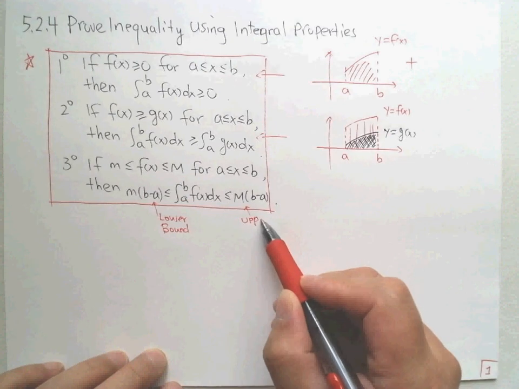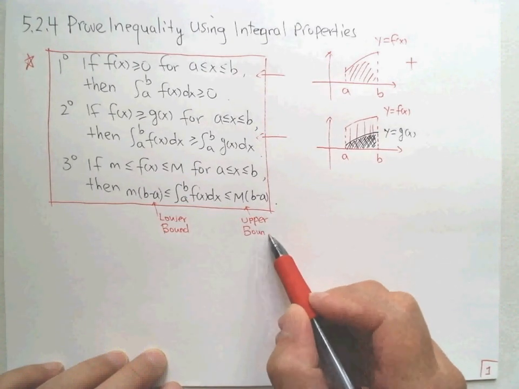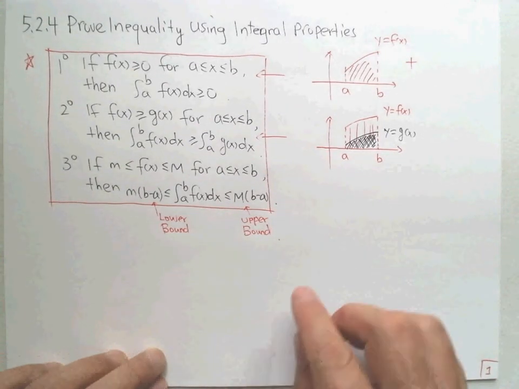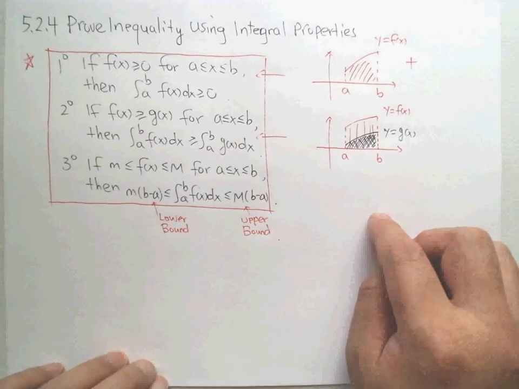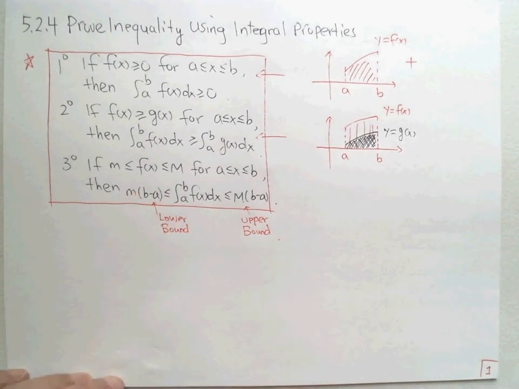The upper bound, right? So why do we have this? Later I'm going to show a graph, but first I'm going to give an exact proof for property number 3.